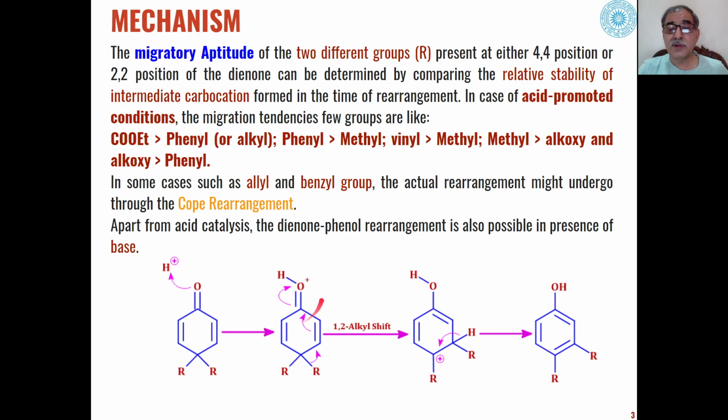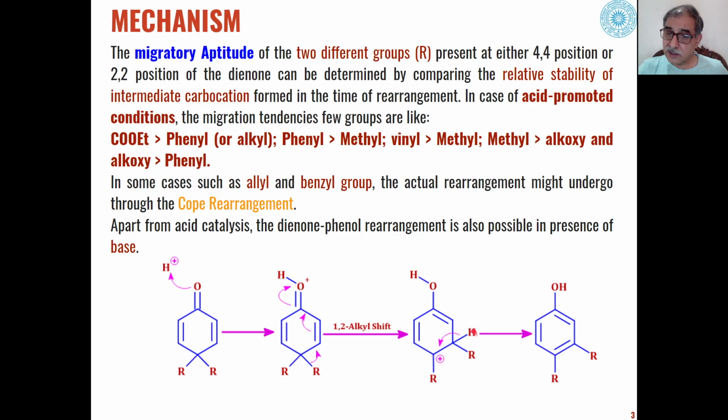conversion of carbon oxygen double bond into a carbon oxygen single bond, and the positive charge is generated on this carbon. So this oxonium cation is converted into a carbocation by 1,2 alkyl shift, and this carbocation intermediate is more stable as compared to this one, because here the positive charge is present on oxygen.